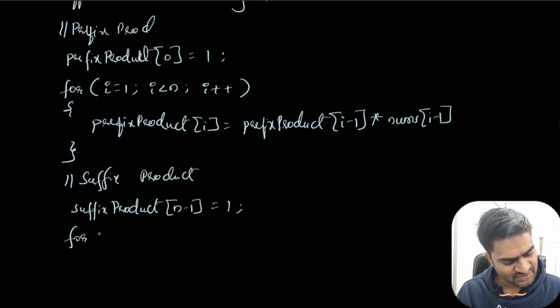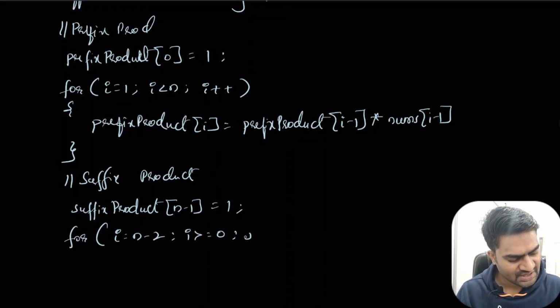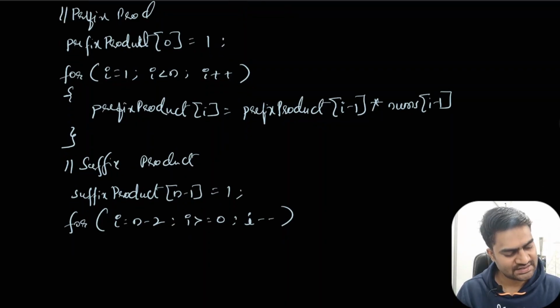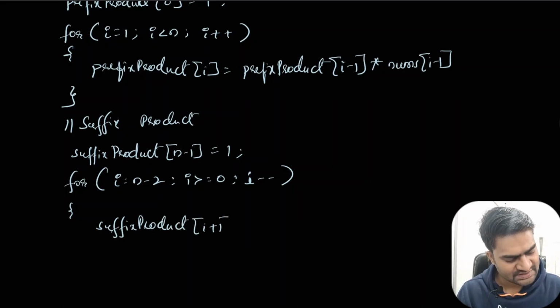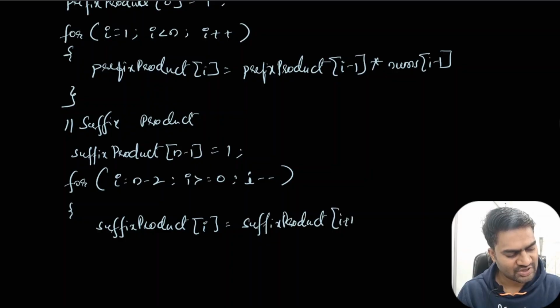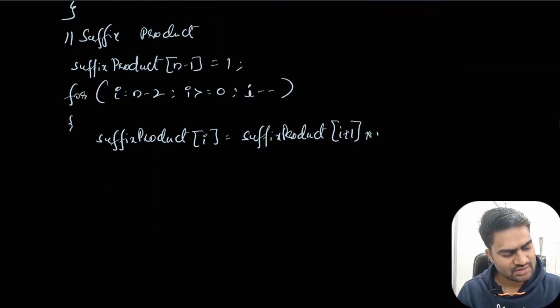Then we will start from for I equal to n minus 2, I greater than or equal to 0, I minus minus, then we will do suffix product of I equal to suffix product of I plus 1 into nums of I plus 1.